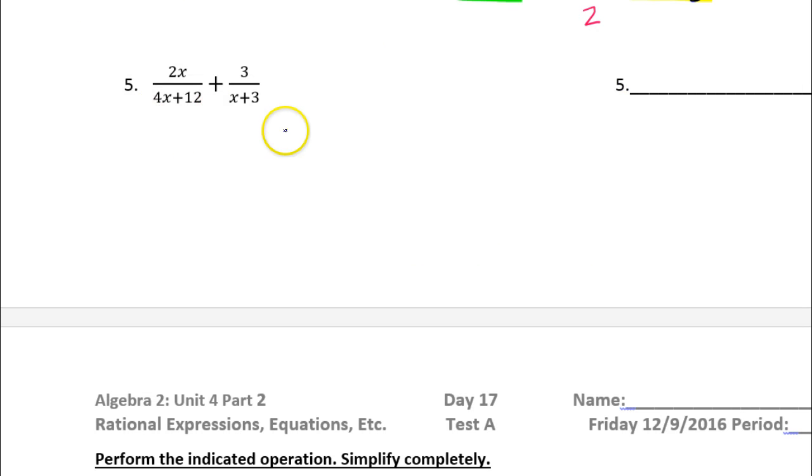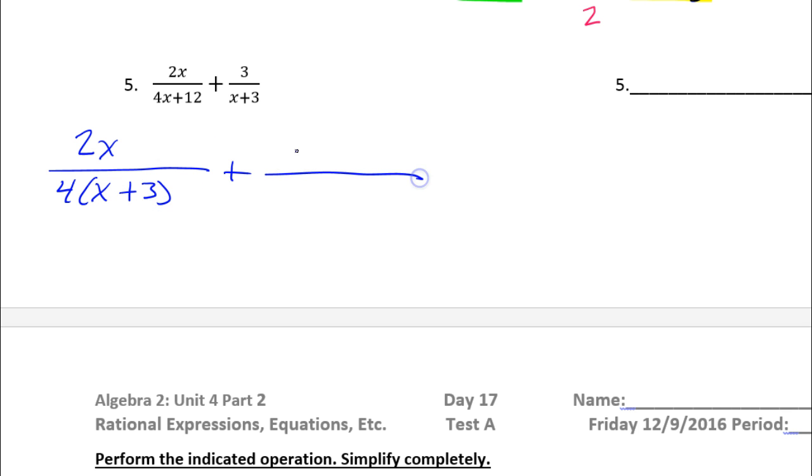When you're adding fractions, you need to have like denominators. But first, let's factor so we can see what we're really dealing with. I see a common factor of 4, so that's 4 times x plus 3. And then we have 3 over x plus 3. Now, in order to make the denominators the same, we need a 4 here.